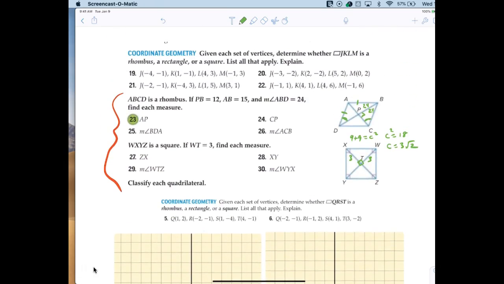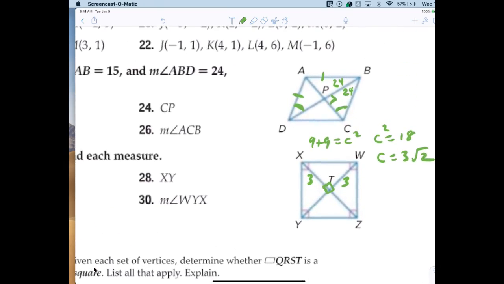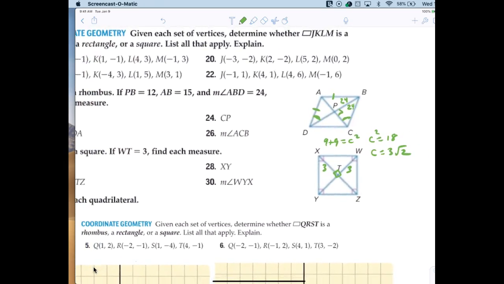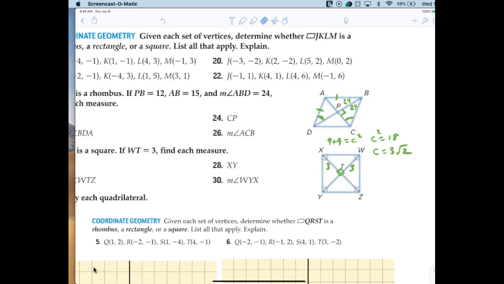All right, let's look at 24, CP. Let me erase this so I can double check everything. PB is 12. So this right here is 12, which also means this is 12. And if AB is 15, a squared plus b squared equals c squared.